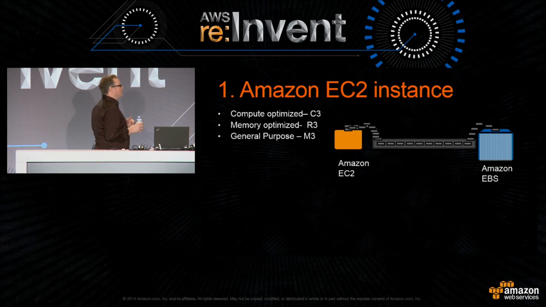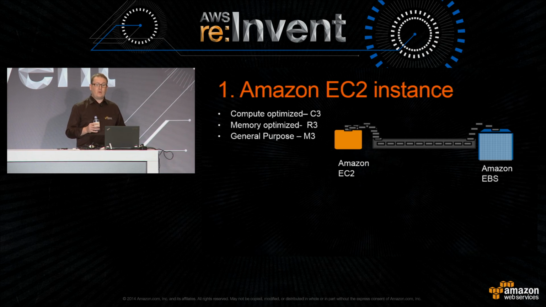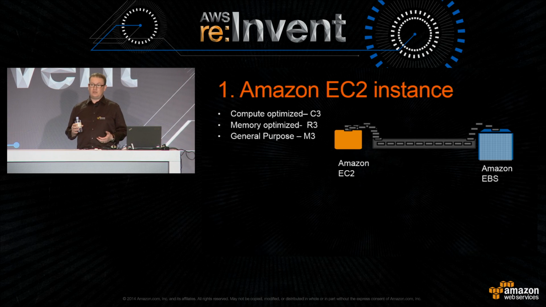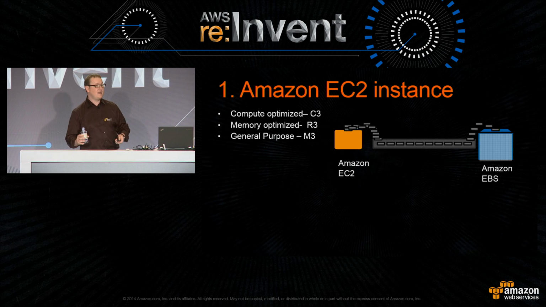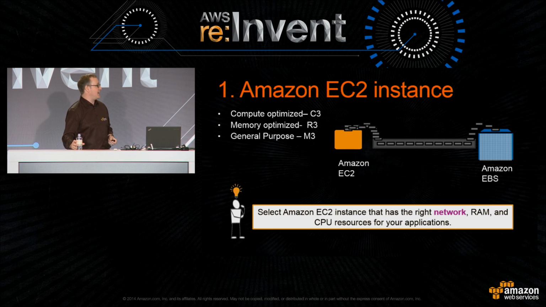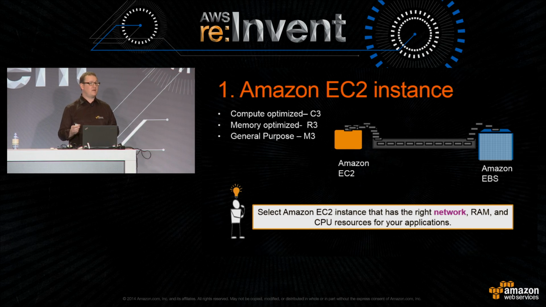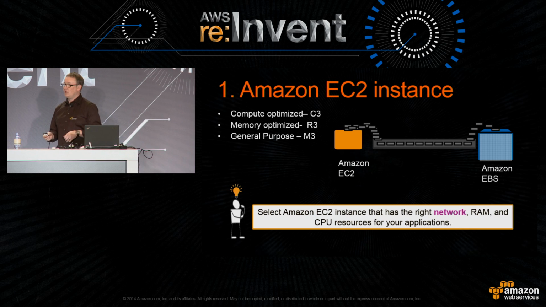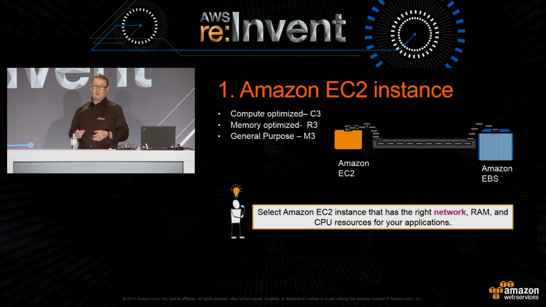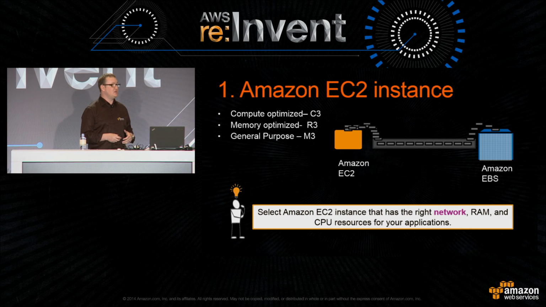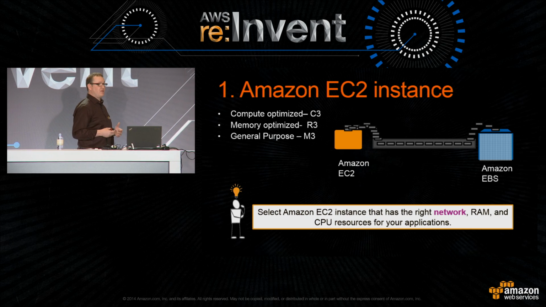So when you're choosing your EC2 instance, you should be aware there are certain characteristics of that instance that are going to drive how much performance you're going to be able to get from EBS. Each EC2 instance has a certain amount of CPU, a certain amount of RAM. It also has a certain amount of network. And choosing the right size of instance means you can drive that bandwidth, that throughput to EBS.